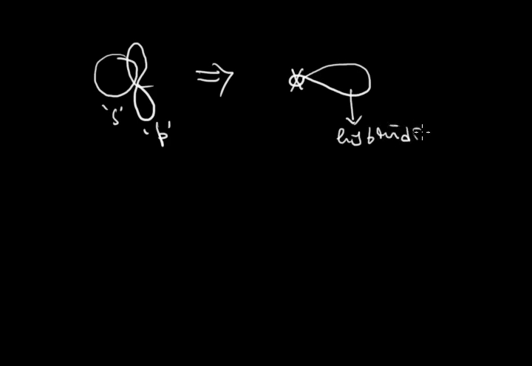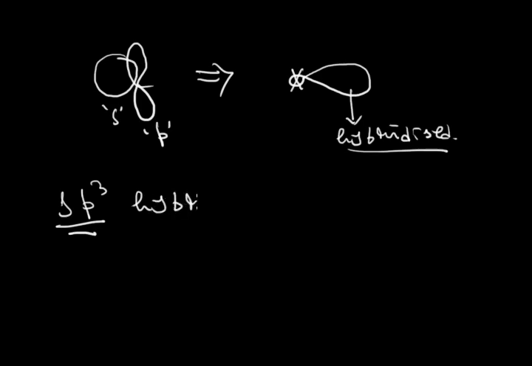Now, in case of methane, 4 orbitals are required and mixing takes place between 1s and 3p. So the hybridization is called sp3 hybridization. What does it mean?